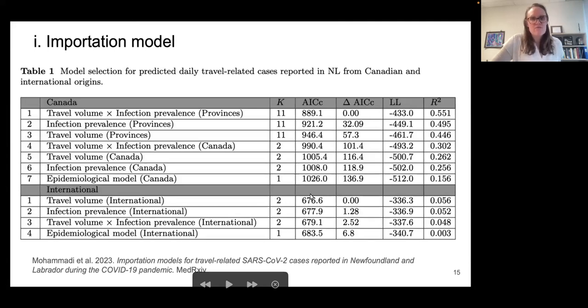We use Akaike information criterion corrected for low sample size, so AICc. And then we have strong evidence here that the best model is one where you take the travel volume from each of the provinces, multiply by infection prevalence. And if you do a statistical model that way, you explain 55% of the variance.